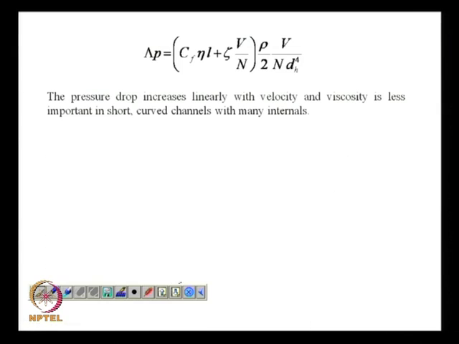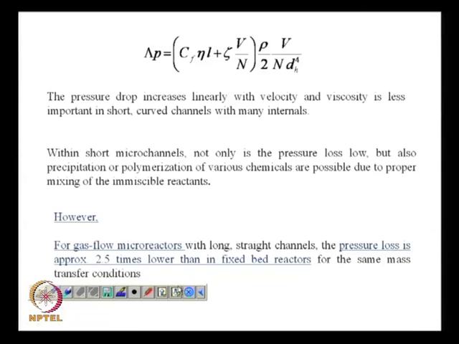So, one has to think about the higher pressures which are possible, and there are certain obvious observations one can make: when we have a very short microchannel, the pressure loss may be low, but the reduction in pressure loss can be more than offset by certain chemical reactions which may take place in shorter microchannels.